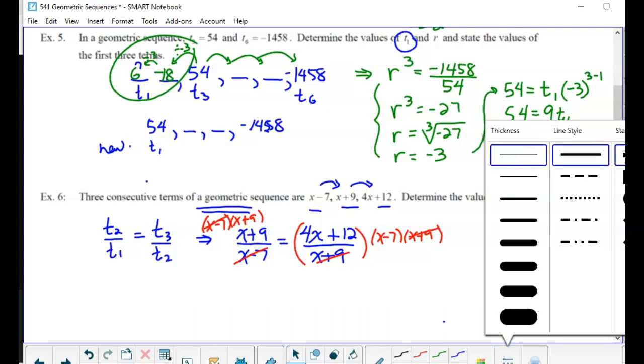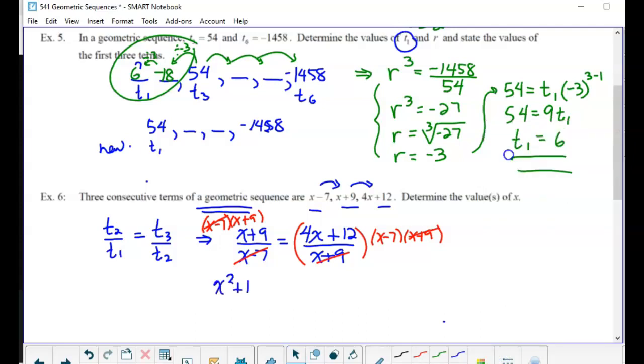And expand the brackets, so that'll be x squared plus 18x plus 81 equals 4x squared minus 28 plus 12 is minus 16x minus 84. Bring that over.